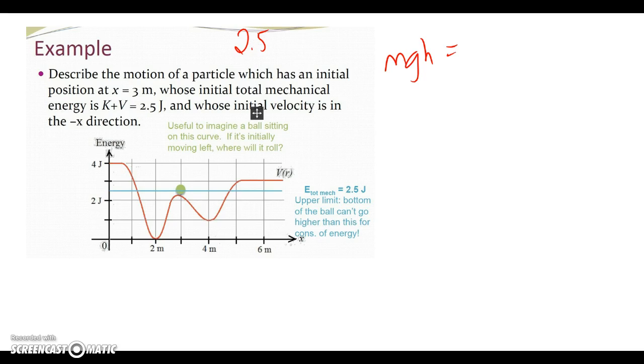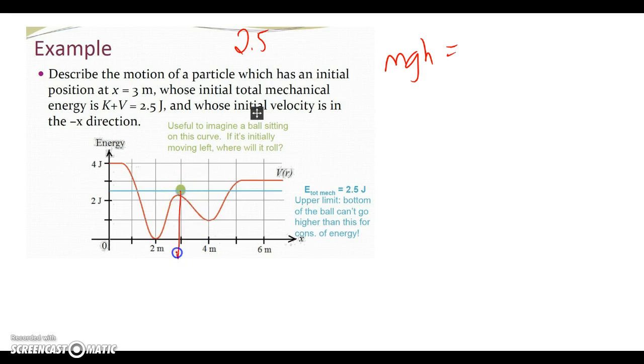Okay, so his total is 2.5, the upper limit. This bottom of the ball can't go higher than this for conservation of energy. Alright, so let's see what, oops. I thought there was something in this slide that we needed. So 2.5.